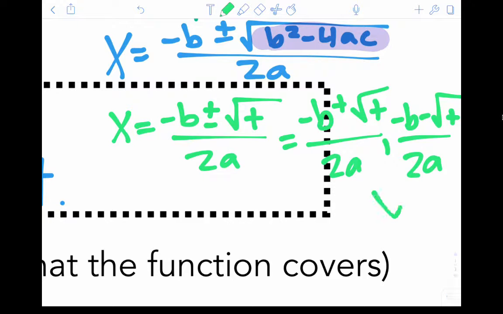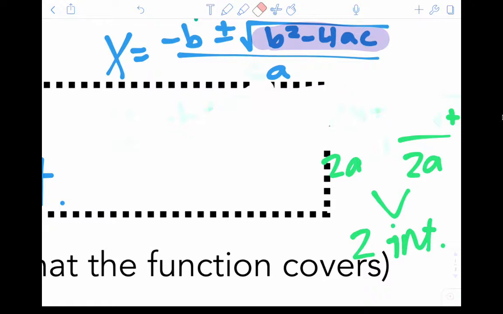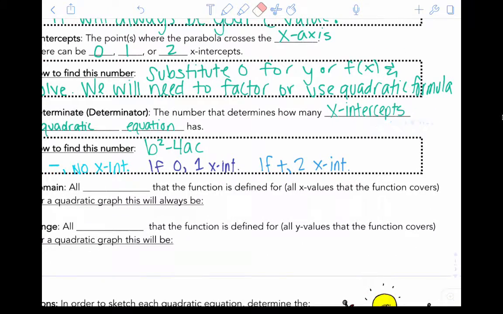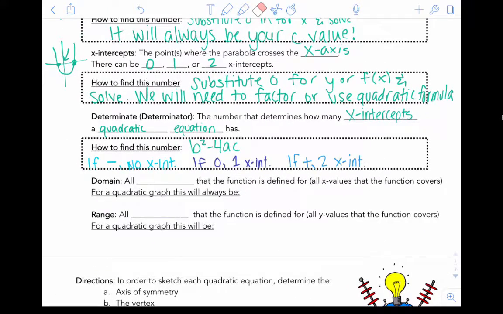So we end up with two intercepts. So that is why that is a thing. All right. So x-intercepts, y-intercepts, and determinant are all kind of related.